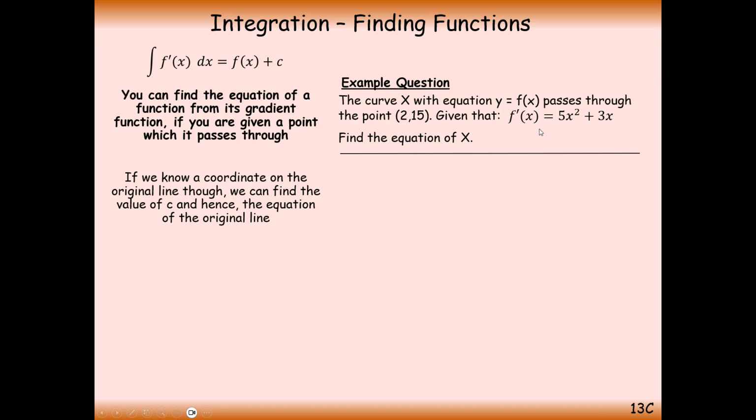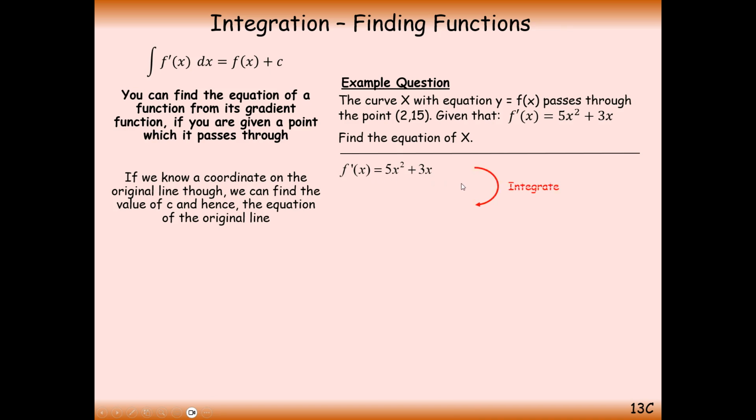Alright, so in this example, we've been told that f dash is 5x squared plus 3x, and the original f(x) passed through (2, 15). Therefore, as we did in previous examples, we integrate this derivative function.